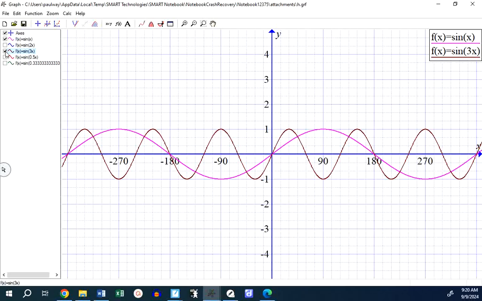And it does. So that wave from 0 to the end of my view here is happening 3 times instead of just once, because it's 1/3 as wide.